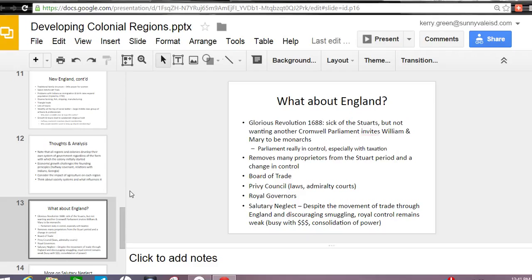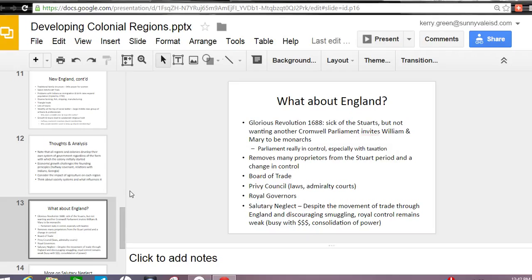Many of the proprietors, that quid pro quo from the Stuart period, where the Stuarts paid back people that had supported them, they remove a lot of those proprietors, and they put royal control, like the Board of Trade, in charge. You get a privy council and admiralty courts. You have royal governors. So really they replicate the Virginia system all throughout the colonies.